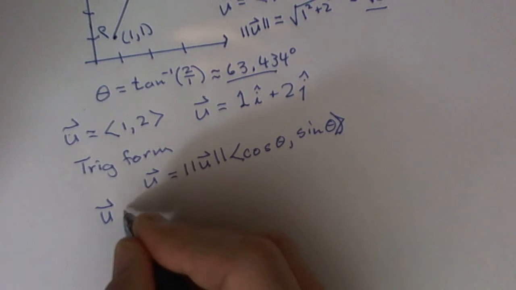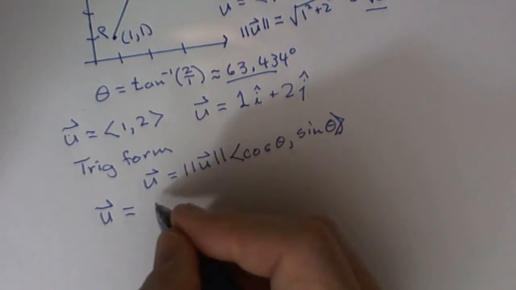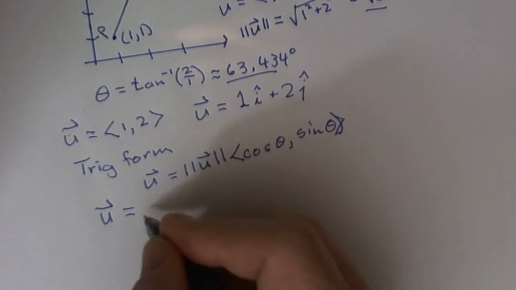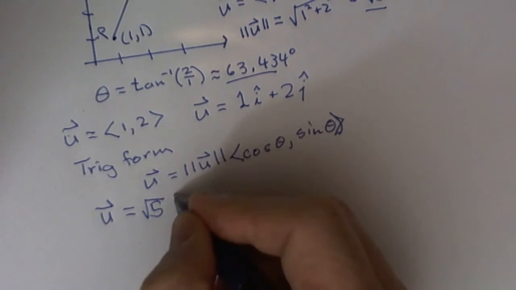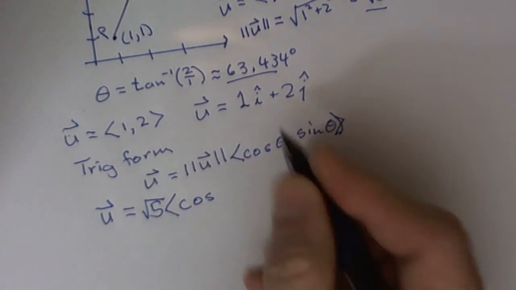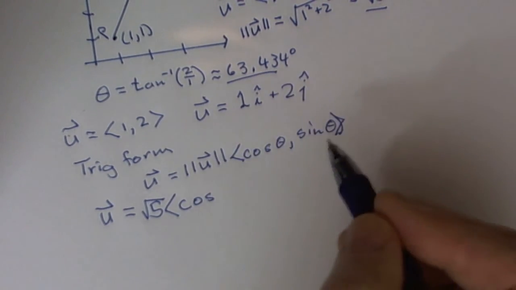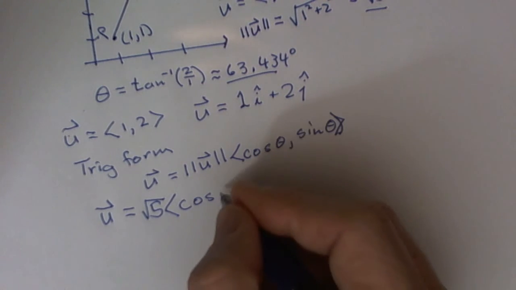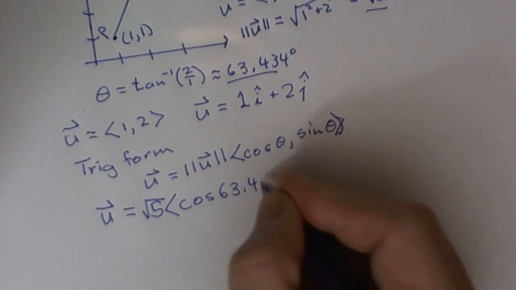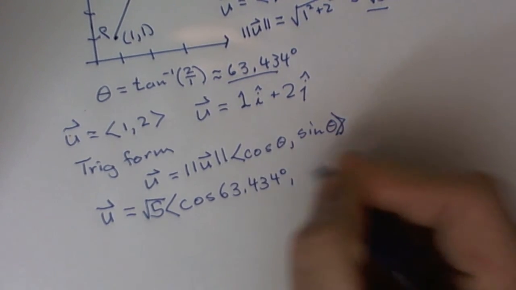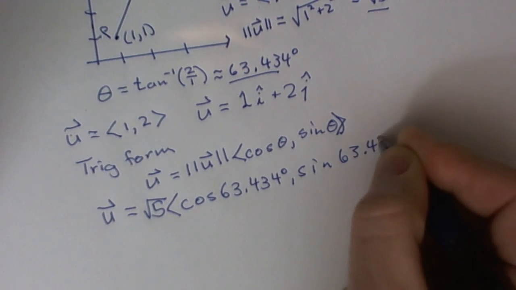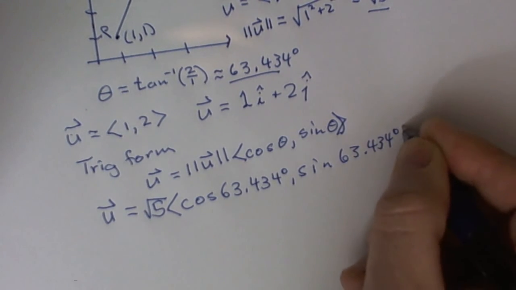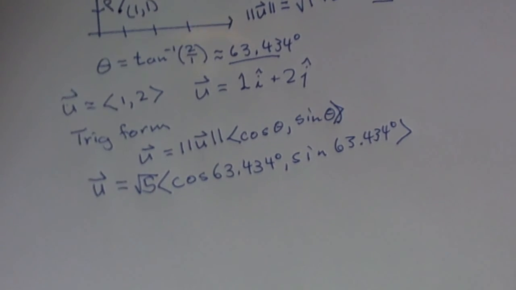So in our example here, u is going to be the square root of 5 times the vector cosine of 63.434, sine of 63.434. Okay, so that's the trig form.